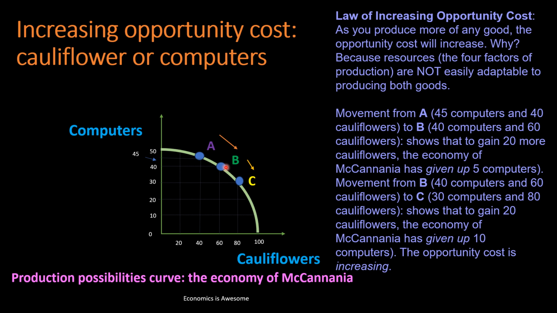And then if we move from B, where we're producing 40 computers and 60 cauliflowers, to C, where we're producing 30 computers and 80 cauliflowers, this shows that to gain 20 more cauliflowers here, the economy has given up 10 computers. So the opportunity cost is increasing, and that relates to the shape of the curve once again. Because it's a concave curve, we know that opportunity cost will be increasing.